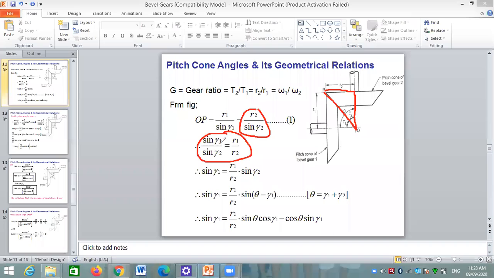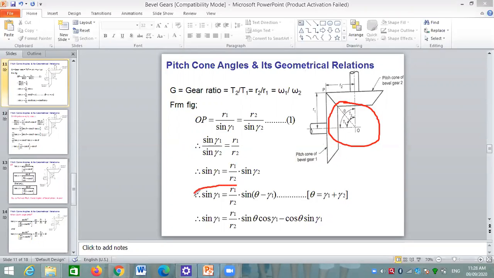If we solve this equation for sine of gamma 1, then sine of gamma 1 is equal to R1 upon R2 into sine of gamma 2. And theta, the shaft angle, is equal to gamma 1 plus gamma 2. So gamma 2 is equal to theta minus gamma 1.